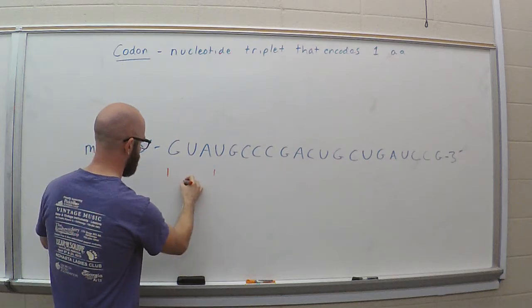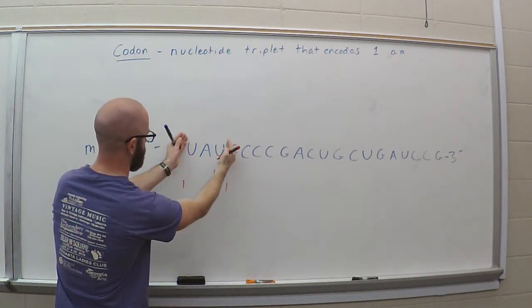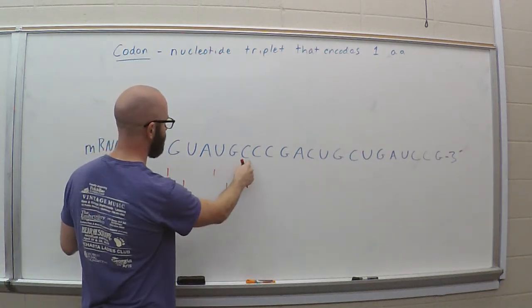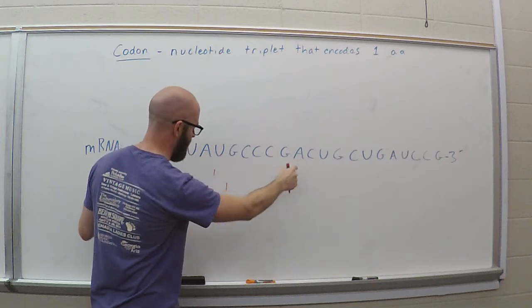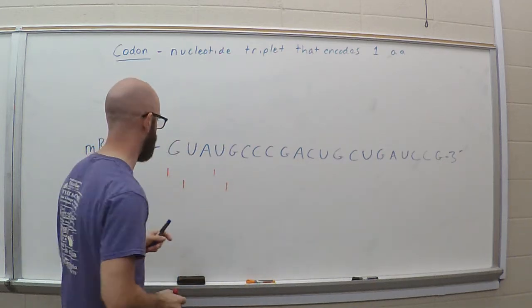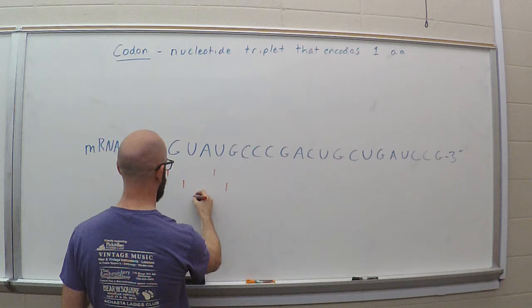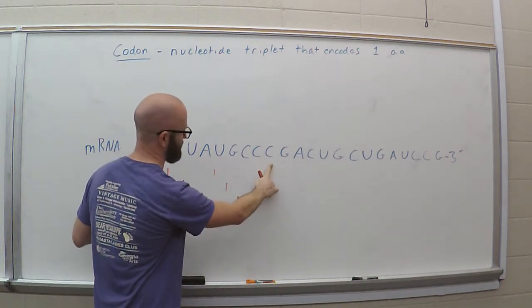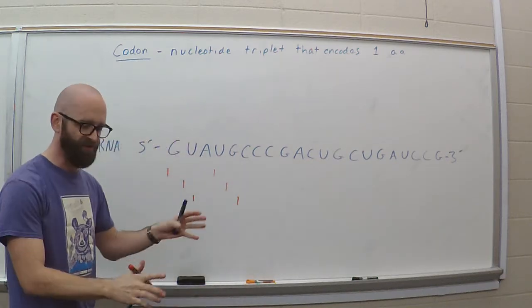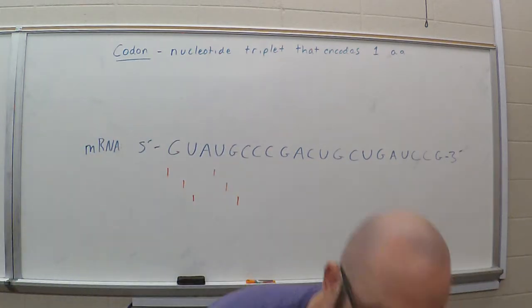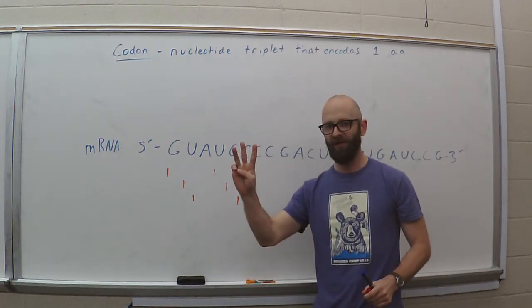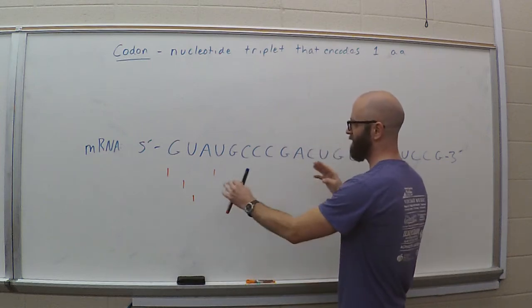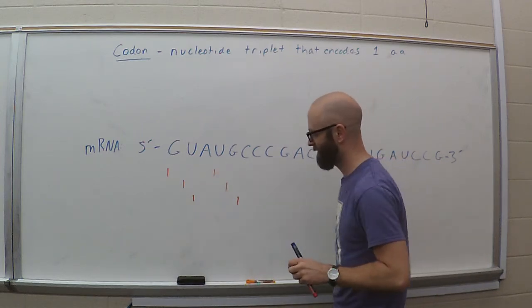Or you could start here and go UAU, GCC, CGA, right? That would give you a totally different protein. And then you could also start here, and it would go AUG, CCC, GAC, and that would give you a totally different protein. So because codons have 3 nucleotides in them, there are 3 reading frames that you could use to read this mRNA strand.